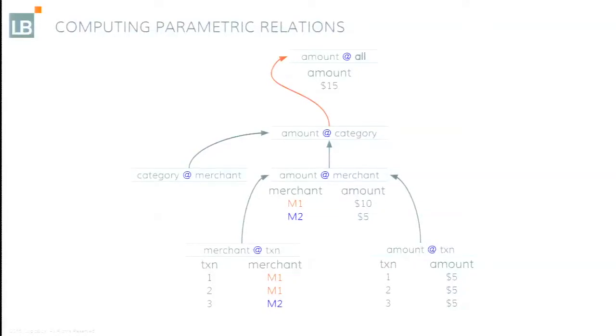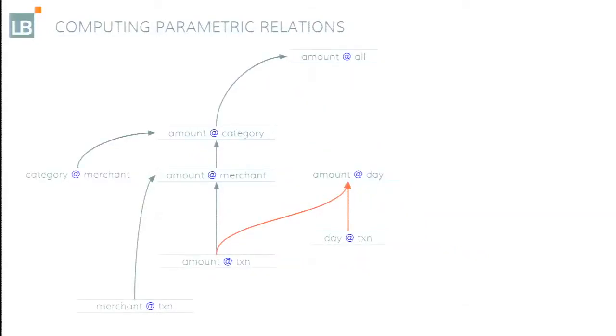That's the aggregation over all the amounts that I have in my workspace or my database. I can use the day relation to compute more. I can aggregate amount at day, and that goes up to month and year and all, and that's being used in computing our income and expense at month, for example.